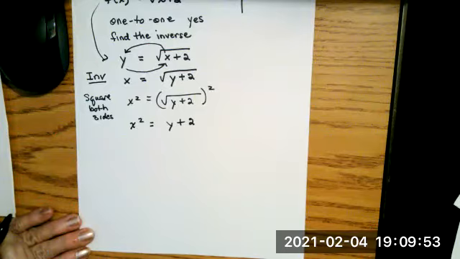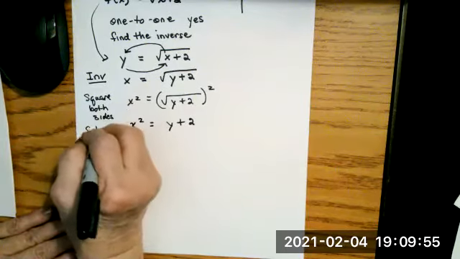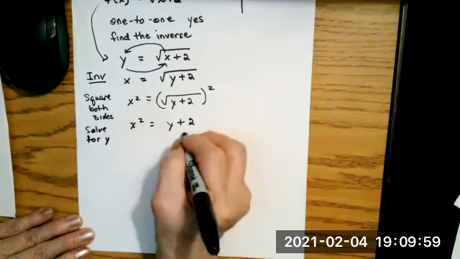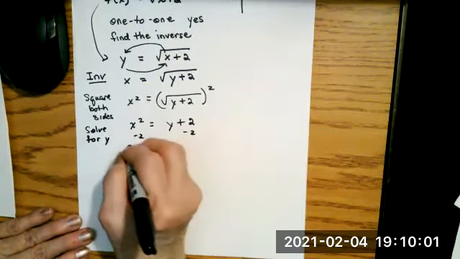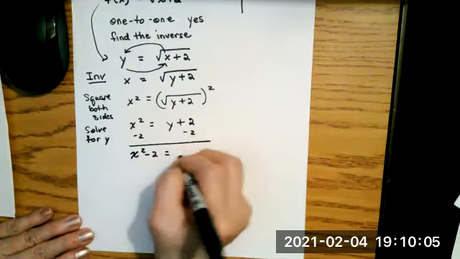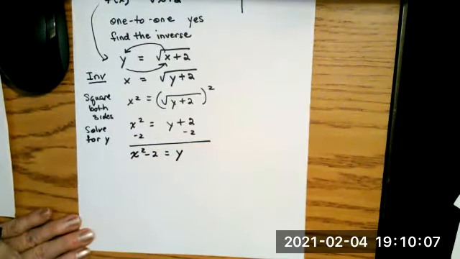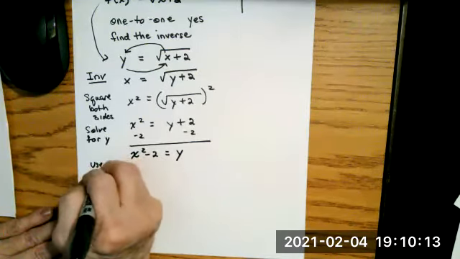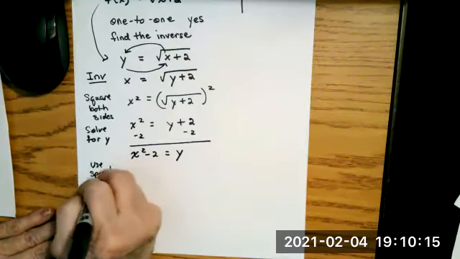Okay, I'm going to solve it for y. So I'm going to subtract the 2 from both sides, and I get x squared minus 2 equals y. And now I'm going to use the special notation.